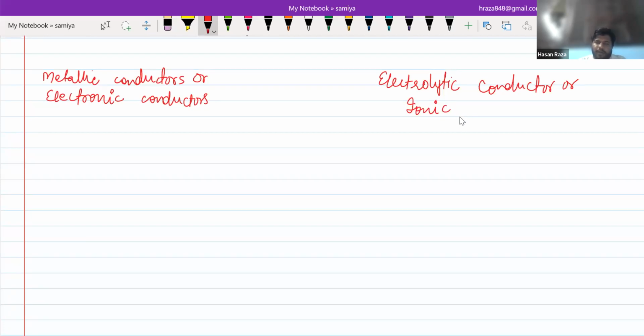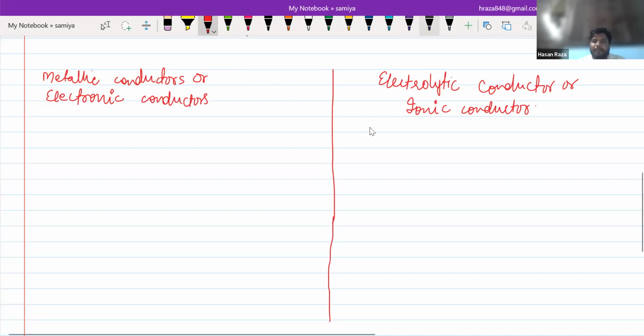So can anyone tell me what is the difference between this electrolytic conductor and metallic conductor? Anyone? What is the difference between metallic conductor and electrolytic conductor?